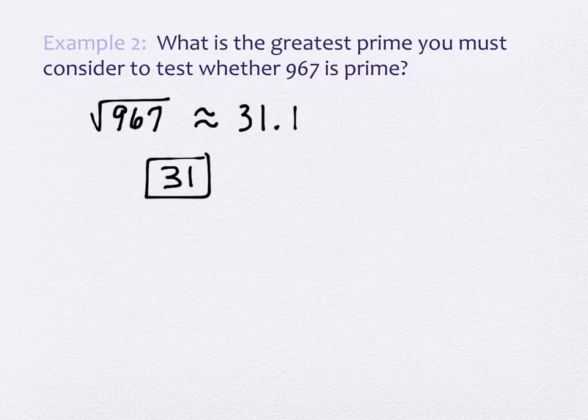What are we looking for when we're asked that question? It's the biggest prime number closest to this square root of 967. So 31 is the whole number closest to this one, and it happens to be also prime. That's how we know that we can stop at 31, because 31 is the biggest prime that is underneath 31.1. You guys with me?